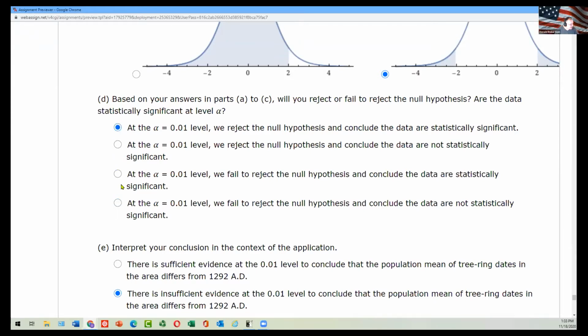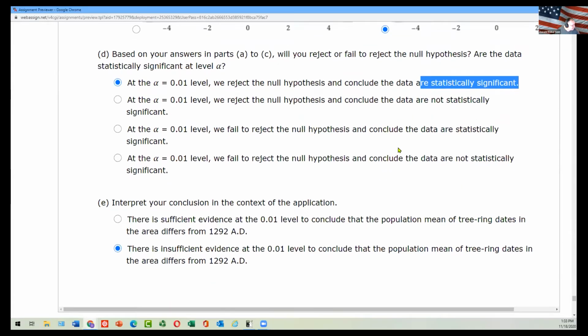The top one's a yes and the bottom one's a no. These other 2 are kind of half right and half wrong, and we don't use half right and half wrong, right? When it is a no, you fail to reject the null and it's not statistically significant. When it's a yes, we do reject the null and it is statistically significant. I know there's 4 shots, so I guess you could just keep guessing until you got it, but it's better if you know the answer.